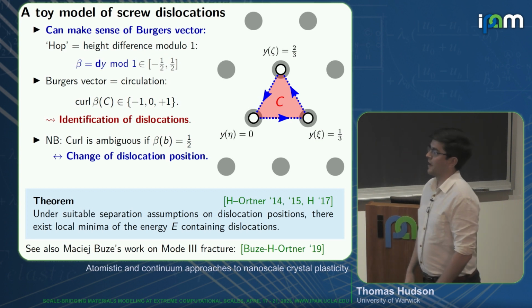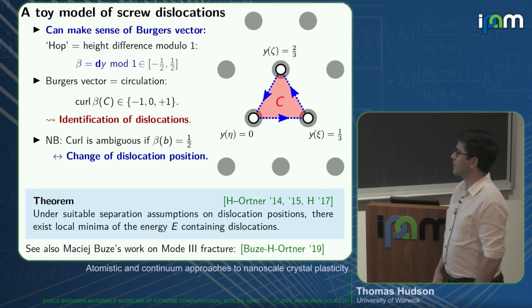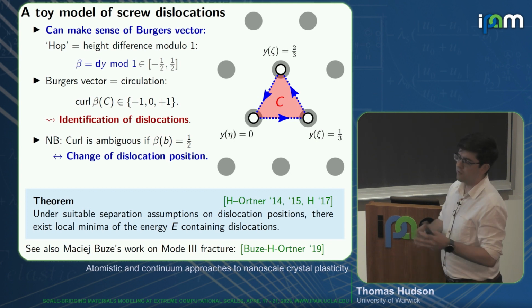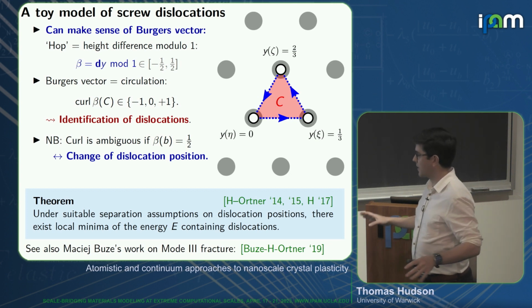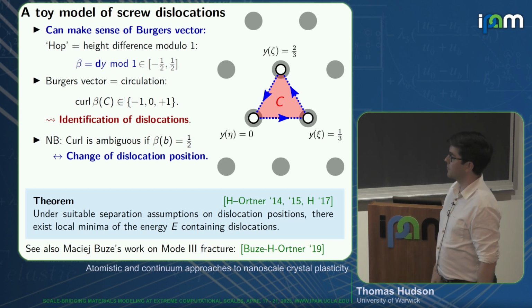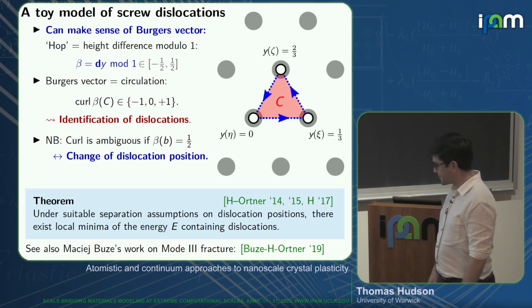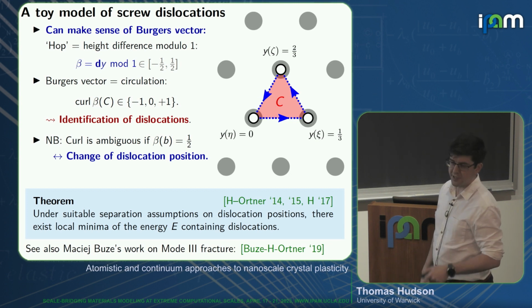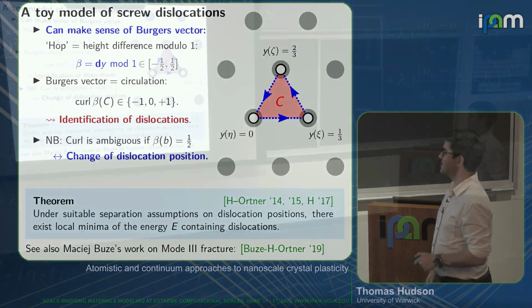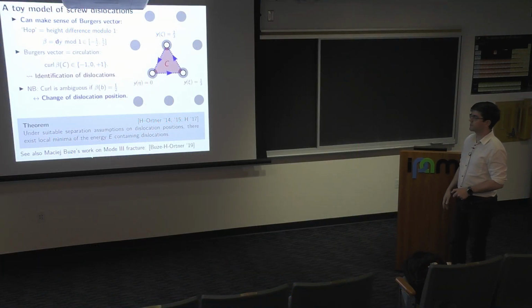We can say various things about them. In this paper, we proved some kind of global stability in an infinite lattice. Then we thought about finite domains and so forth. I also wanted to highlight, though I'm not going to talk about this in too much detail, that if you want to know more about antiplane lattice models, you should talk to Maciek, because he spent a long time thinking about this in the case of mode 3 fracture as well.